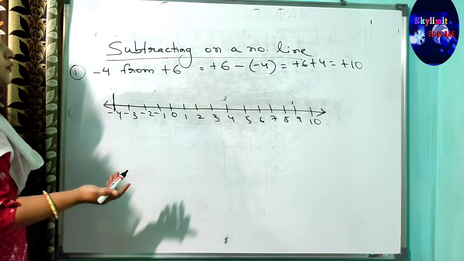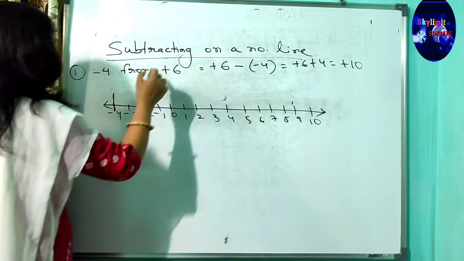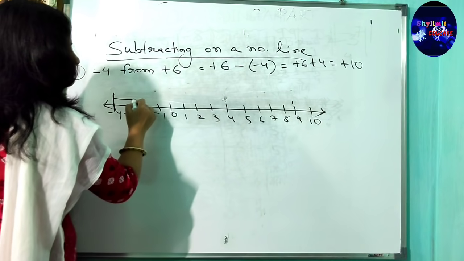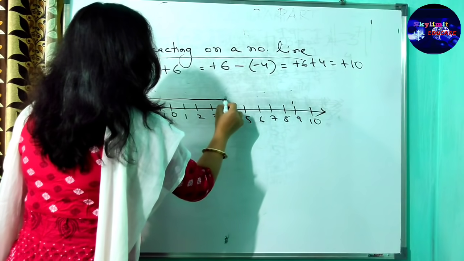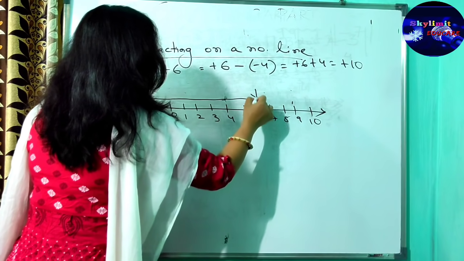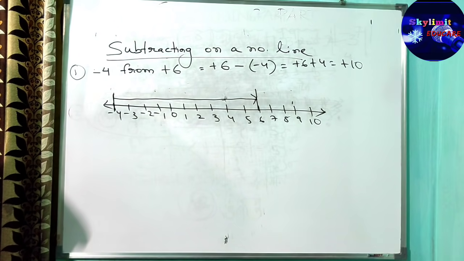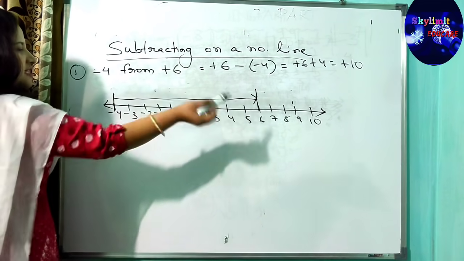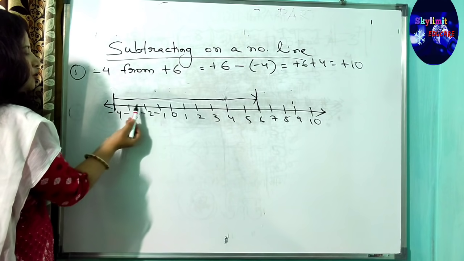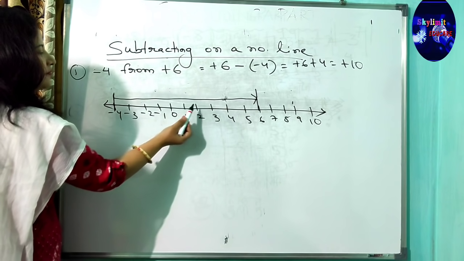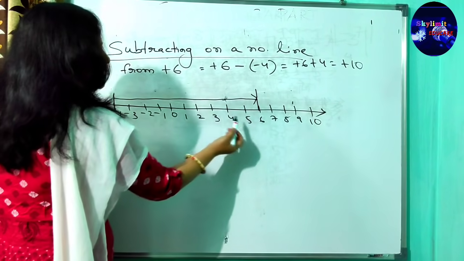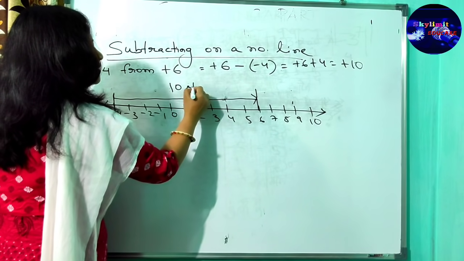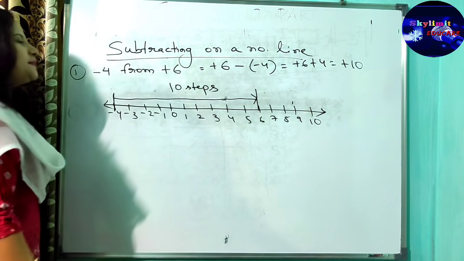So where is the minuend? Plus 6. So let us take it up to plus 6 and stop there. How many steps have you moved? 1, 2, 3, 4, 5, 6, 7, 8, 9, 10. You moved 10 steps.